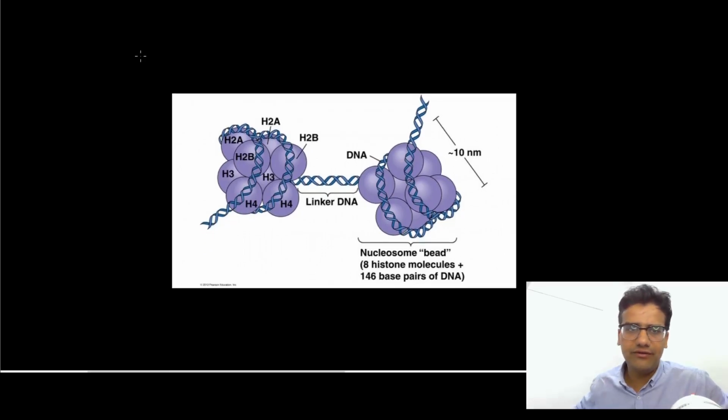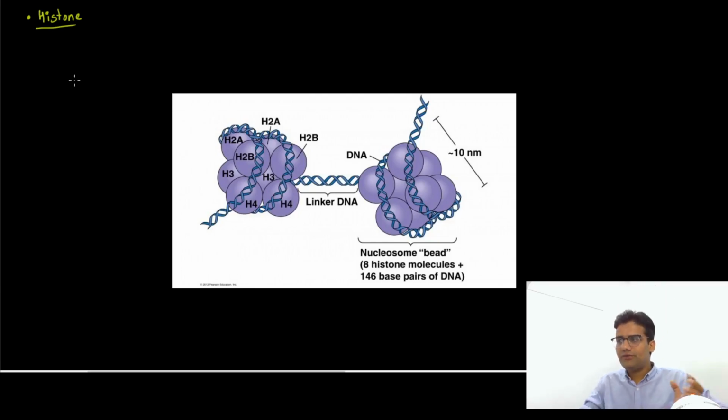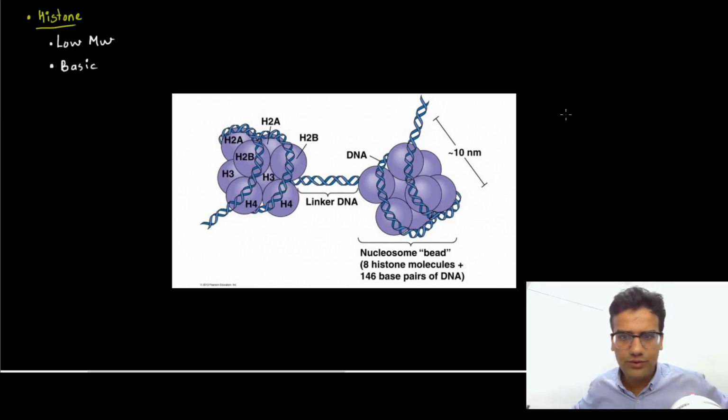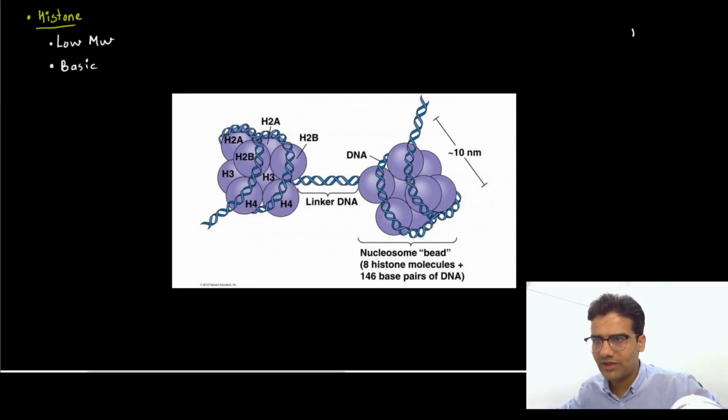The DNA gets folded with the help of histone proteins. What are histone proteins? Histone proteins are low molecular weight proteins. Histone proteins are basically basic proteins. If we talk about DNA, our DNA is negatively charged.